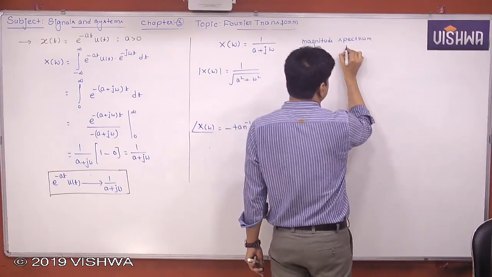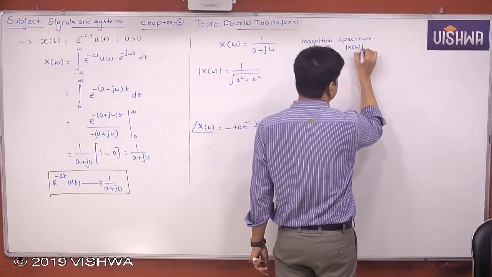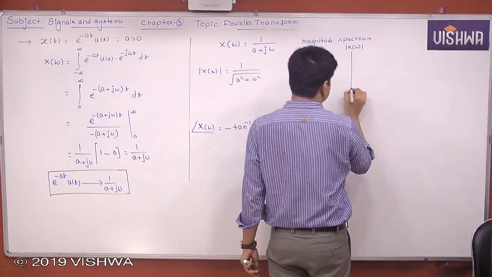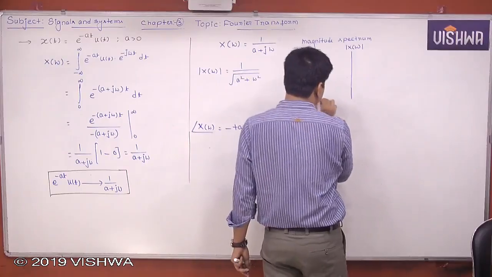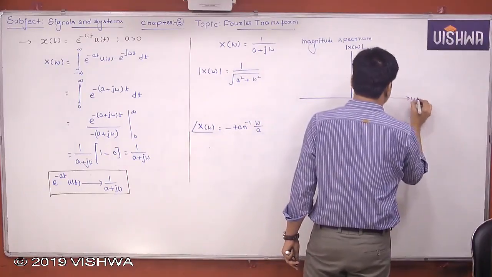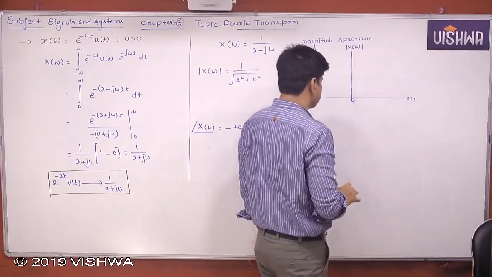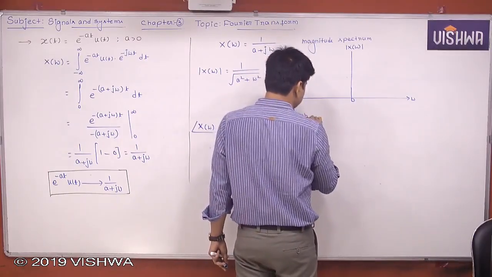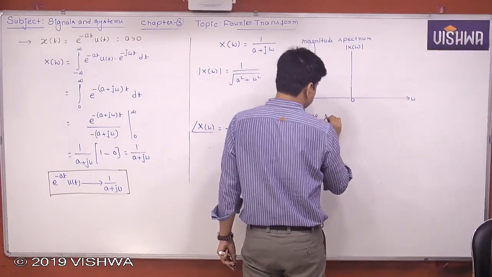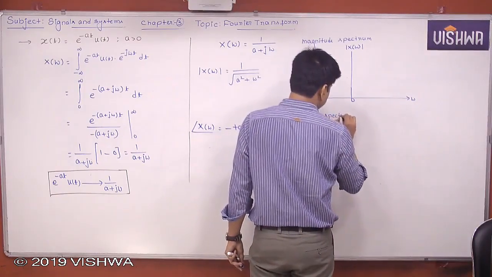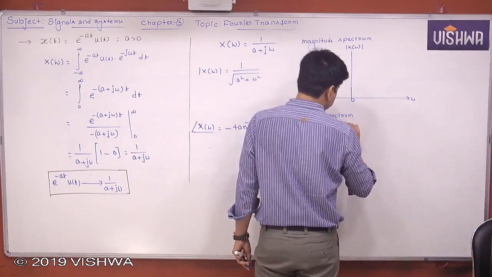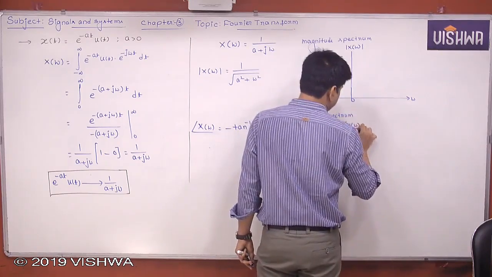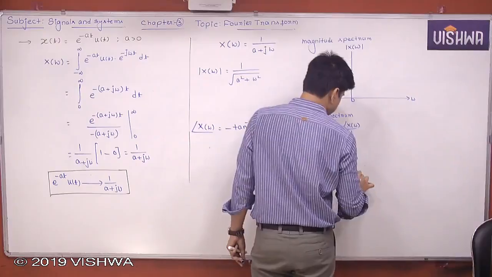So if I draw these functions, the magnitude spectrum, that is mod X of omega versus omega. Next, the phase spectrum, which is angle of X of omega versus omega.